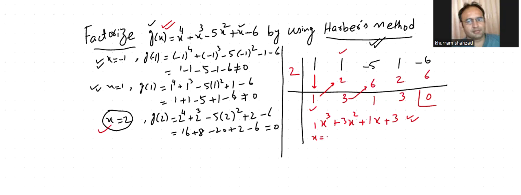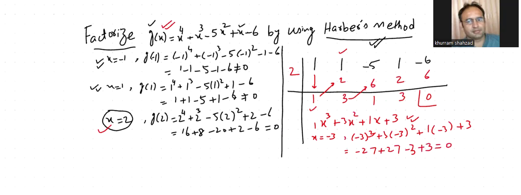Negative 3 cubed plus 3 times negative 3 squared plus 1 times negative 3, plus 3. So this is equal to negative 27 plus 27, negative 3 plus 3. So this is actually equal to 0.